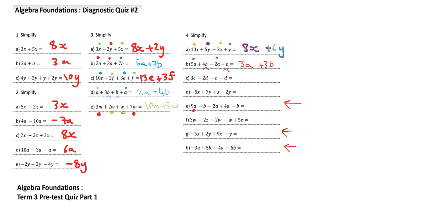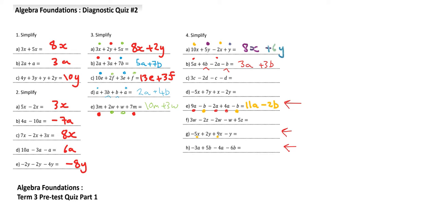Those are like, those are like. These are like. So we've got 9a minus 2a is 7a. 7a plus 4 is 11a. Negative b is negative 2b.